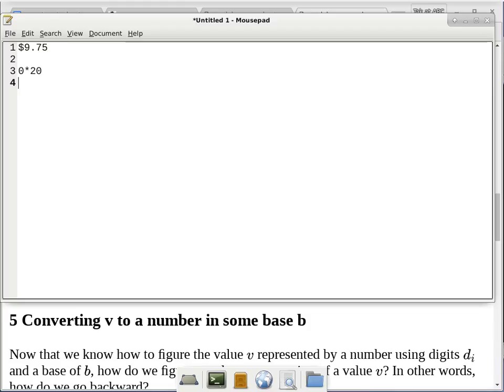You move down to a $10 bill, 0 of those, and then $5 bills, 1 of those. Once you take care of the $5 out of $9.75, you have $4.75 left. I'm going to ignore $2 bills because they are not usual. So we move down to $1 bills. How many of those do we need? 4 of those. So now we have taken care of the $9. We have 75 cents left.